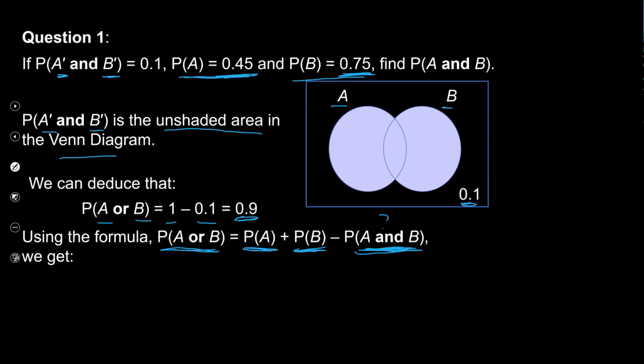The probability of A and B, which is the intersection there. So let's put everything together. This is 0.9. Are we together? And we put our 0.5 there, 0.75, and what we're calculating, which is the intersection, and we just solve this equation, okay?